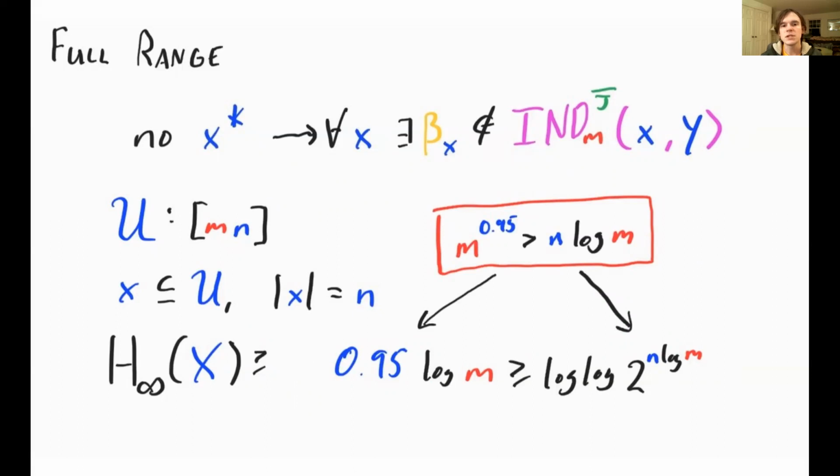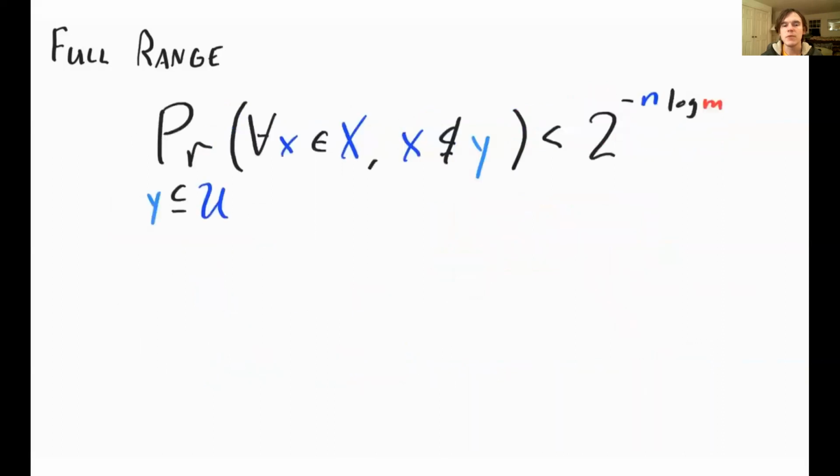For this condition to hold, we're going to need to pick m to be something like n to the 1.1. And since we picked 0.95 arbitrarily, you can make this n to the 1 plus epsilon by adjusting the parameters accordingly. So anyway, once we fix m to be sufficiently large, then we have the conditions for our sunflower lemma.